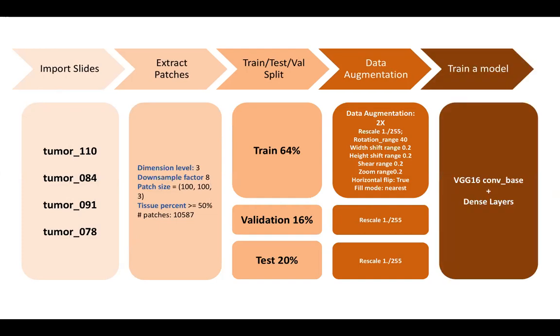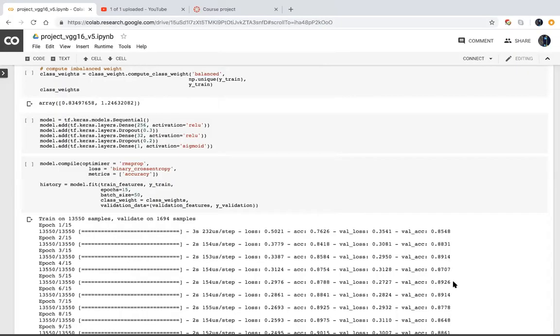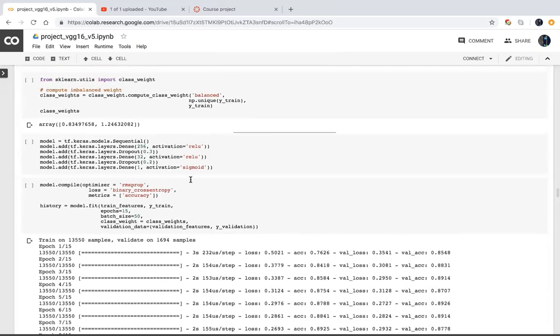Then I started to build the model. Instead of using Inception v3 as the paper proposed, I used VGG16 as my convolutional base, plus the dense layers. And I will show the dense layers architecture. Here it is.